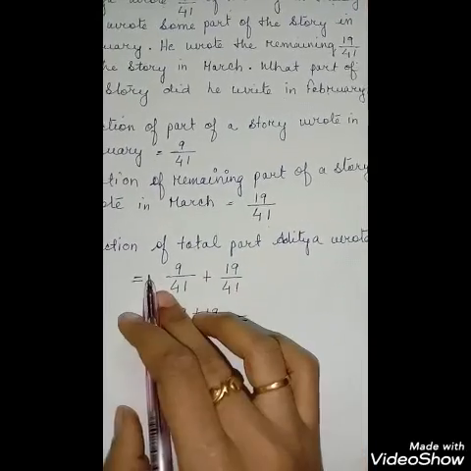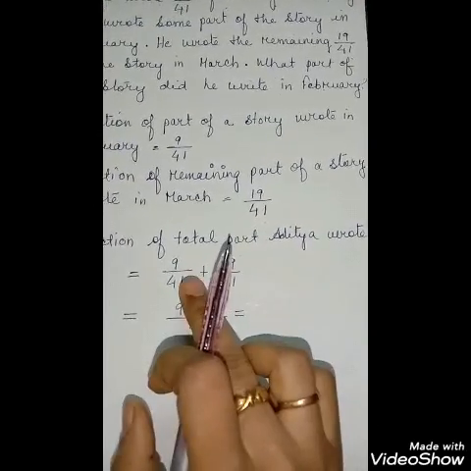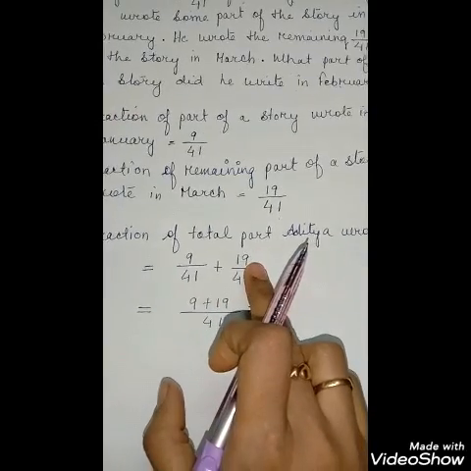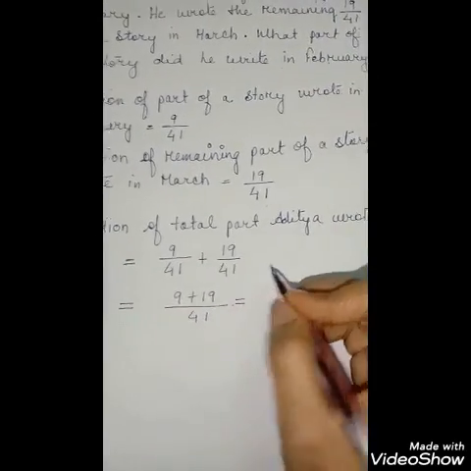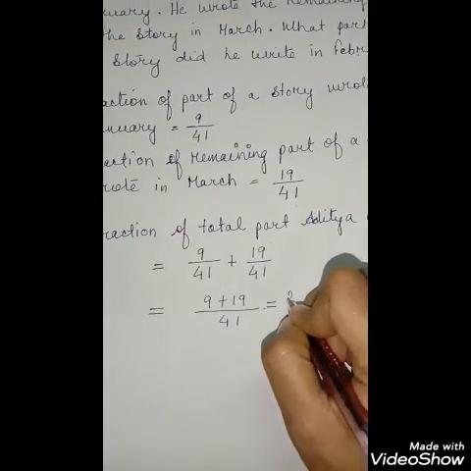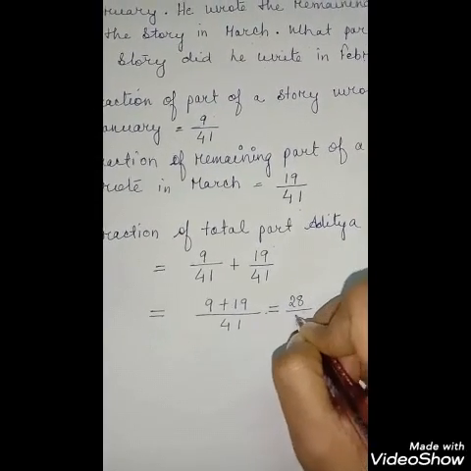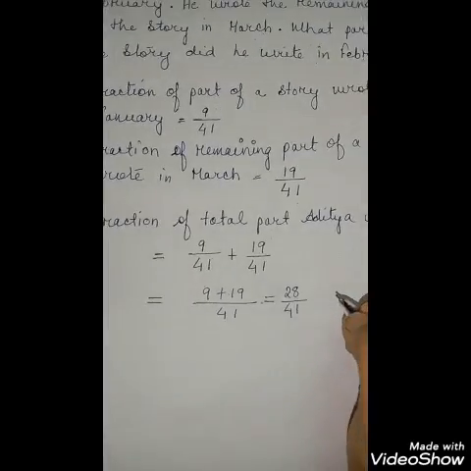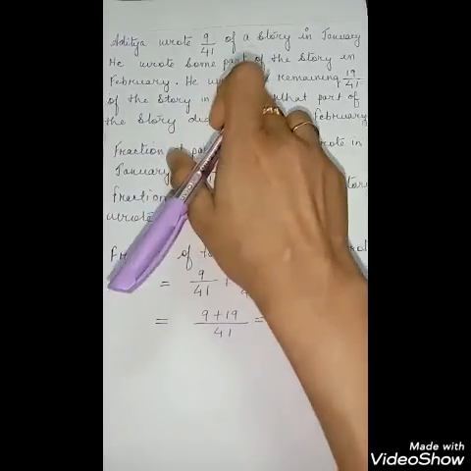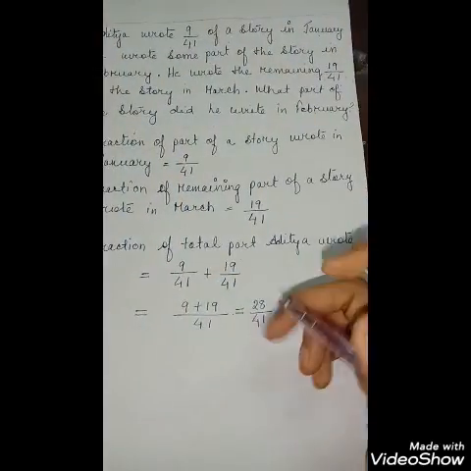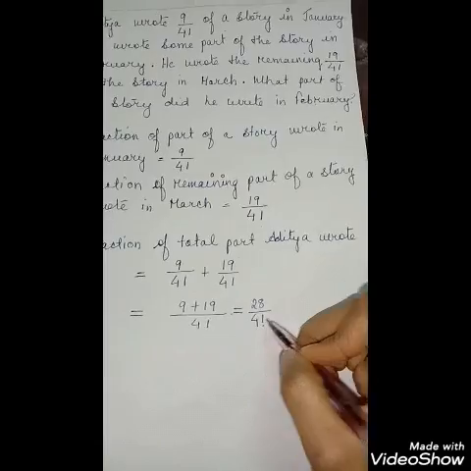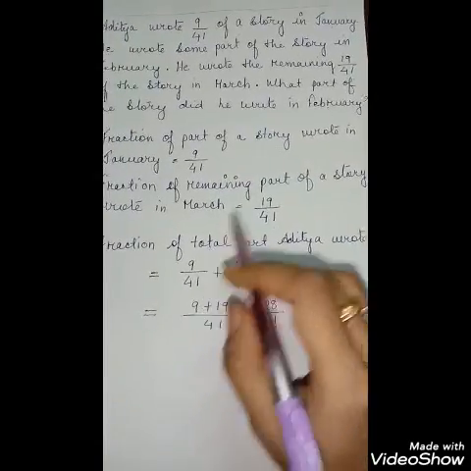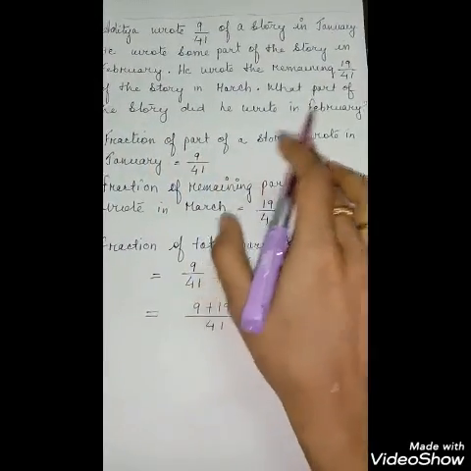We are going to add, as these are like fractions, because the denominator is the same. So 9 plus 19 is 28, giving 28/41. Got it, children? In January and March, the total part of the story he wrote is 28/41.